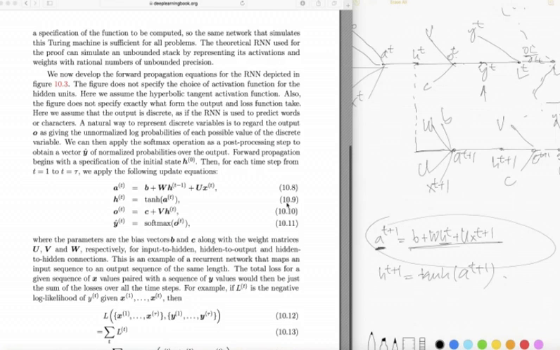So basically, I have to take this loss function and see how it depends on W. It depends on W through this path, and it also depends on W through another path. Sorry, I have to show this path to you. It depends on W through this path.